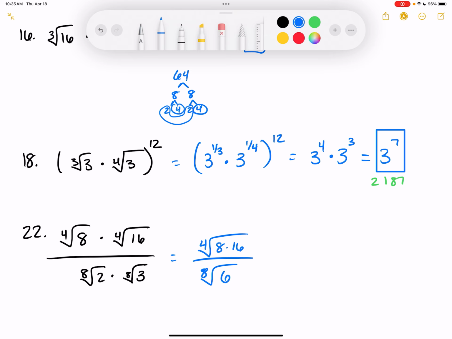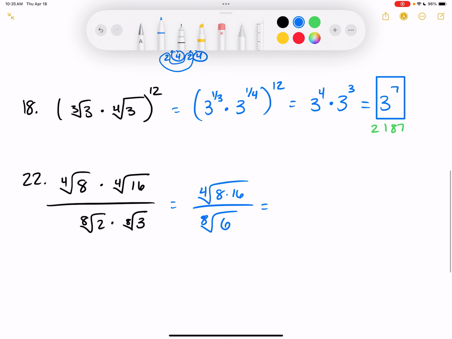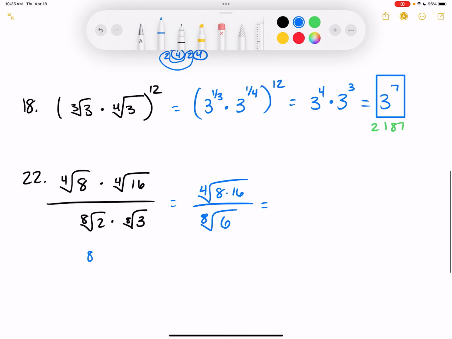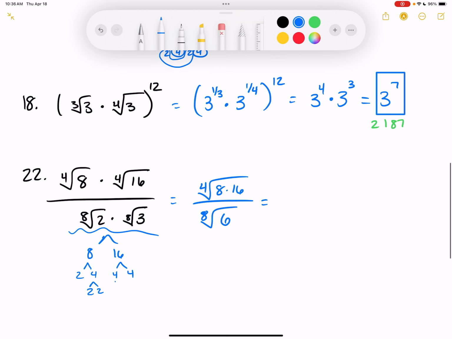So, let's see, I'll do it down here. So 8 and 16, I can break up: 8 is 2 and 4, 4 is 2 and 2, 16 is 4 and 4, 2 and 2, 2 and 2.